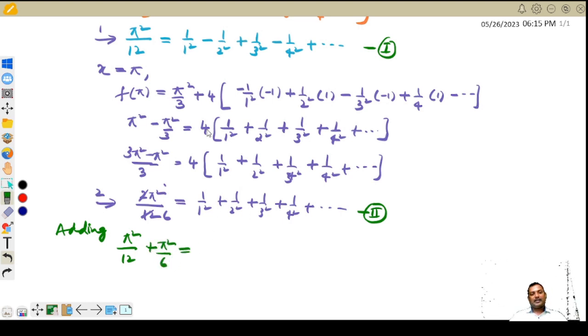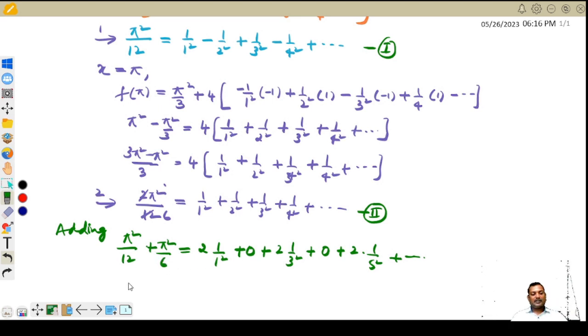On the right side, look, 1 by 1 square plus 1 by 1 square is 2 times of 1 by 1 square. Again, minus 1 by 2 square plus 1 by 2 square becomes 0. Okay. Next, 1 by 3 square plus 1 by 3 square is 2 times of 1 by 3 square. Next, minus 1 by 4 square plus 1 by 4 square is 0.